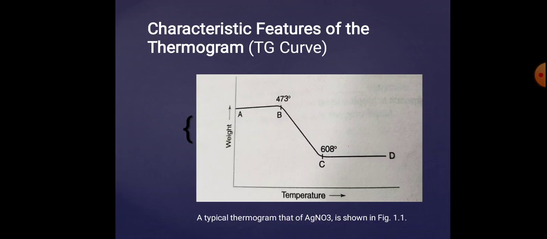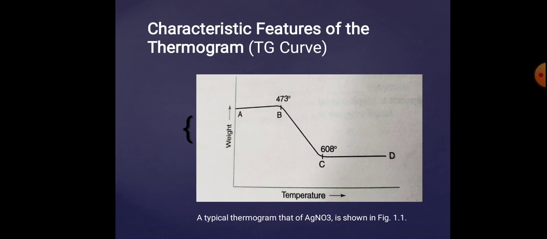In this case, weight versus temperature has been plotted. On the x-axis temperature is taken, on the y-axis weight is taken. There are four points observed here: A, B, C and D.